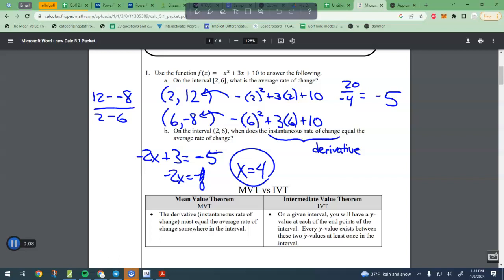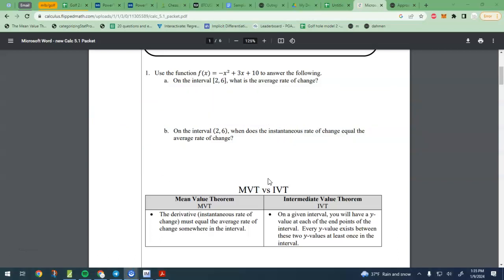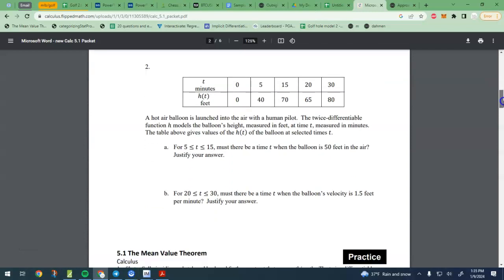So then this kind of summarizes what we've already done, but the next problem I think is a table about those things. So I want to look at that. Yeah. So this is where you've got to be careful about whether you're using the IVT or the MVT.